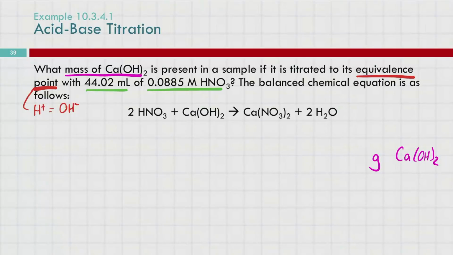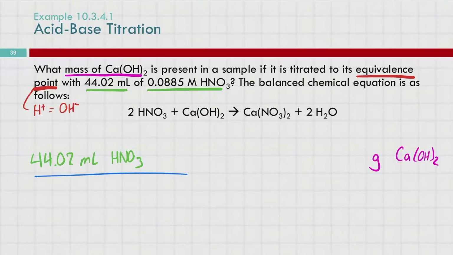If you blindly guess, you've got a 66% chance of getting it right. Yeah, 44.02 milliliters. That's what I would choose to start with. Milliliters HNO3. We can't do that fun little milliliters trick here because we don't have milliliters showing up anywhere else.